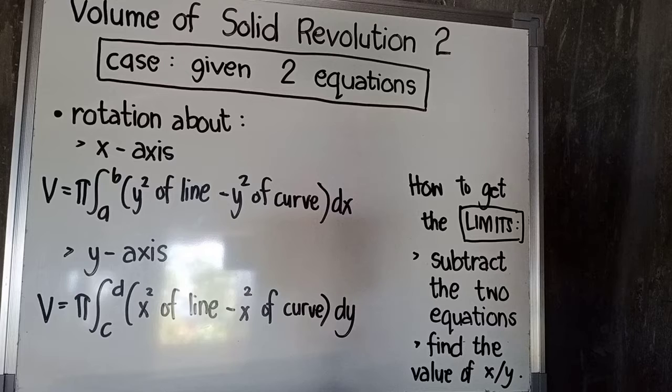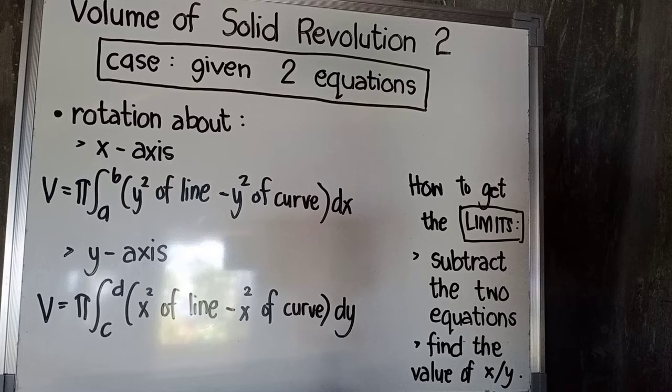So, for rotation about the x-axis, ganun pa rin siya, pi of the y squared, di ba dati natin is, pag rotation about x-axis, v is equal to pi integral of y squared from a to b dx.